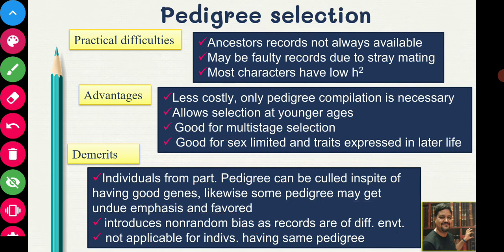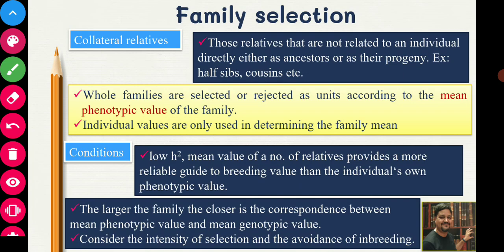Now, the third one is family selection. In family selection, we are focusing on collateral relatives. Collateral relatives are those relatives that are not related to an individual directly, either as ancestor or as progeny. Examples are half-siblings, cousins, etc. So what are collateral relatives?